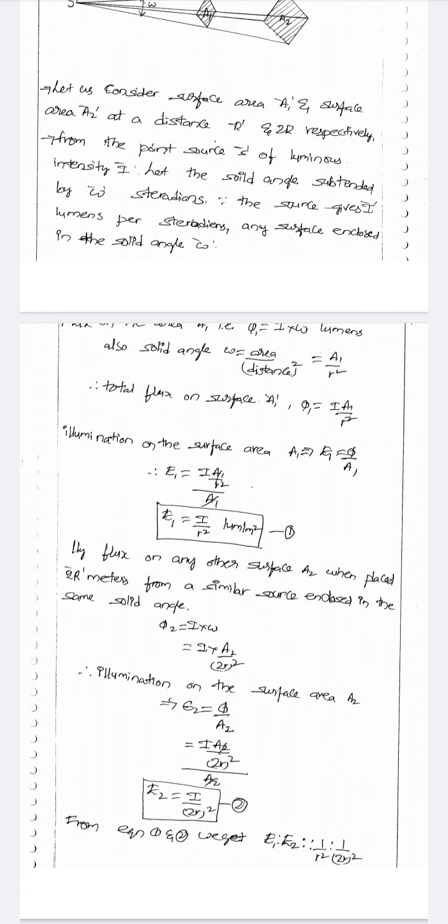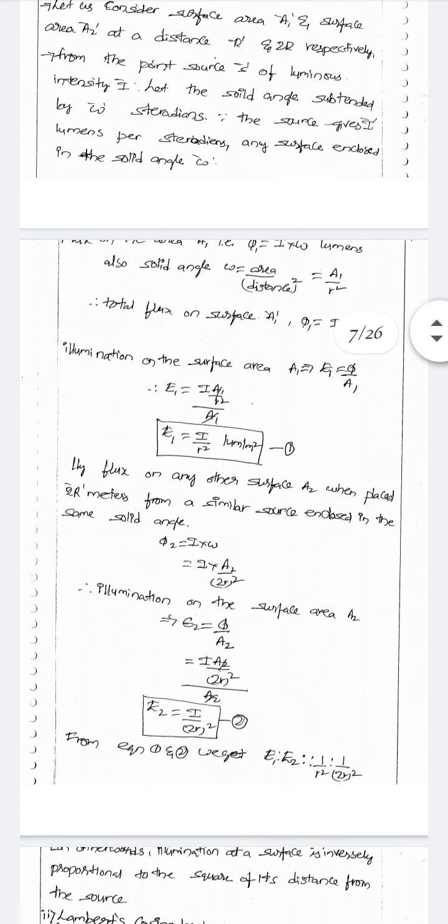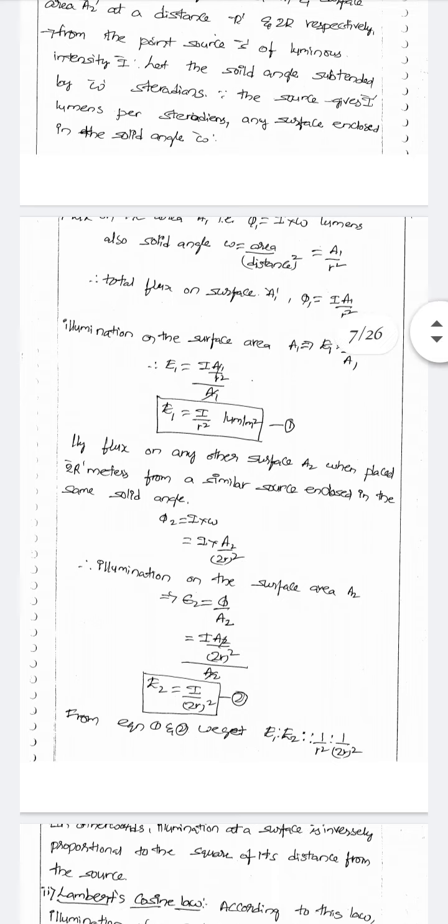Similarly for surface area A2, the flux phi2 is equal to I omega, and illumination on the surface covered by A2 is E2 equal to phi2 by A2. Placing the value of phi, the illumination at the second surface, E2, is equal to I A2 by 2r square into A2. A2 gets cancelled, so E2 is equal to I by 2r square.